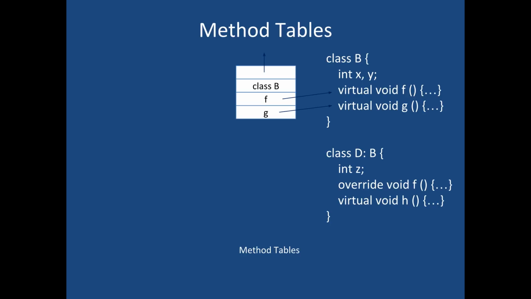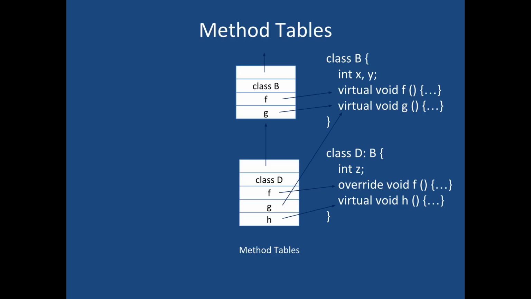It inherits F, well, it overrides F. It provides G by inheritance, and it has a new one called H. And by the way, the method table only involves virtual methods. There's no entry in a method table for non-virtual methods.